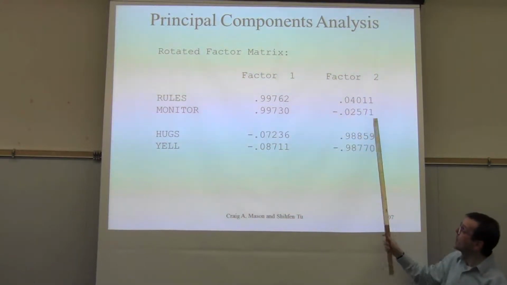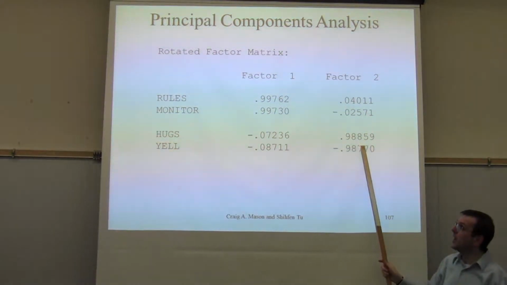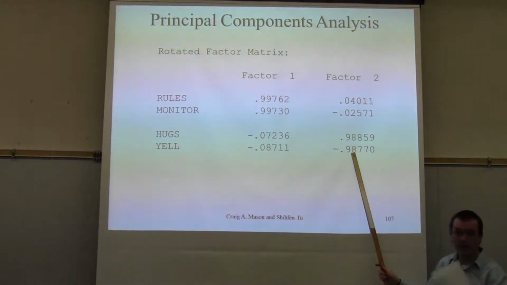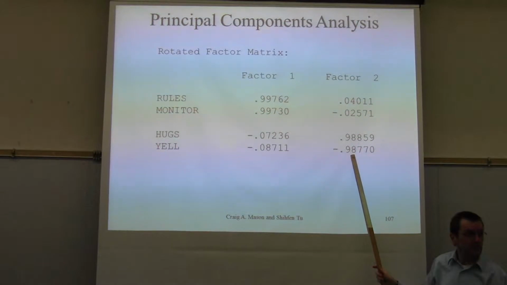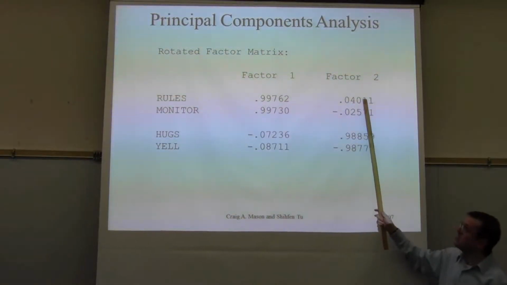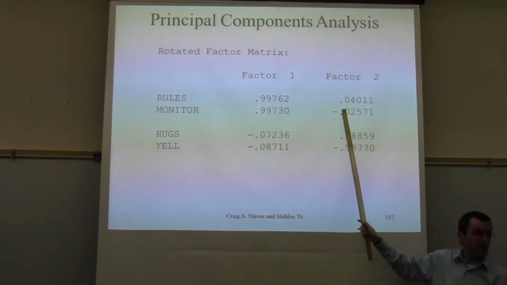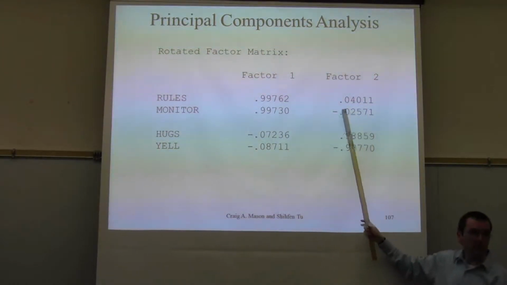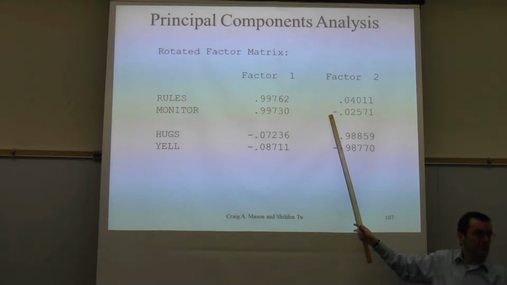So if you're high on factor 2, you do a lot of hugging and you do a lot of anti-yelling, non-yelling. You're never yelling. And it's almost uncorrelated with rules and monitoring. So again, hugging and yelling doesn't really tell us anything about those.